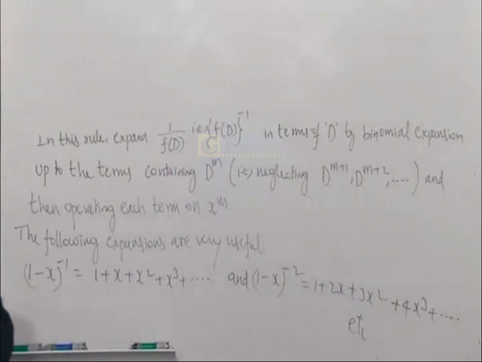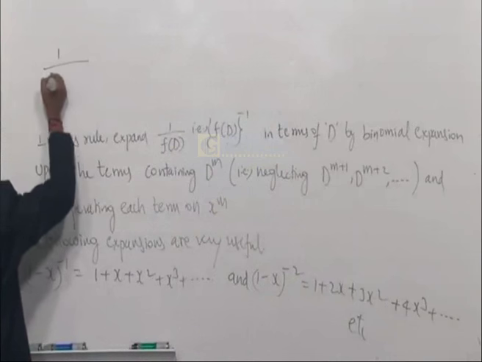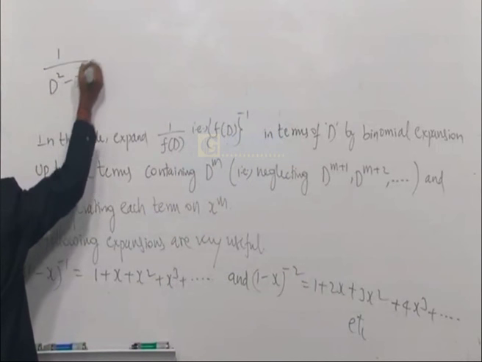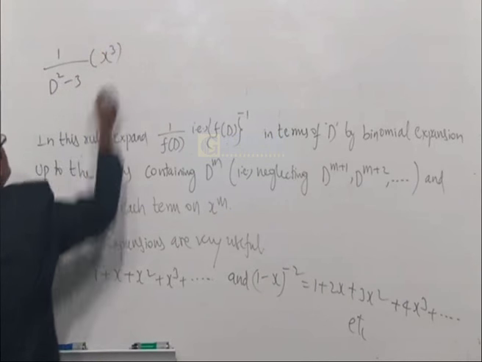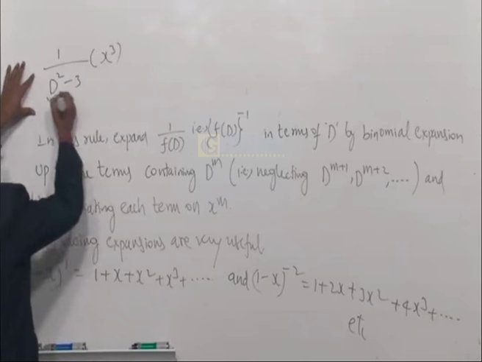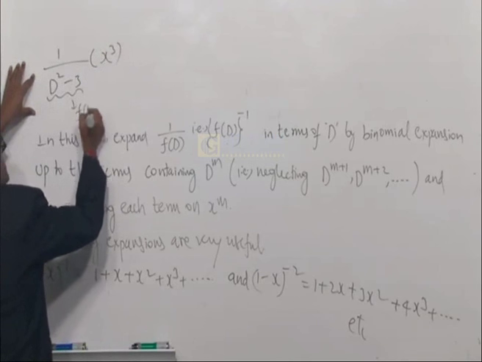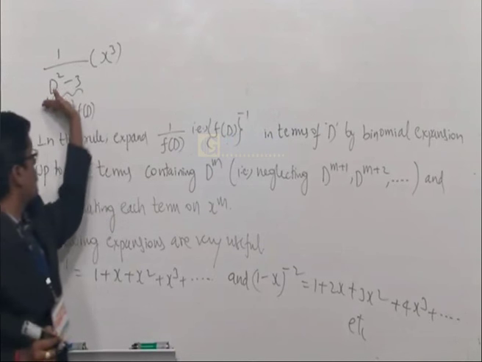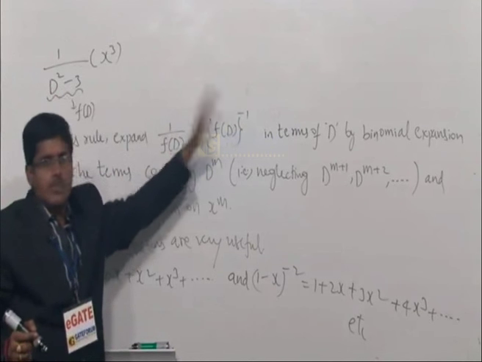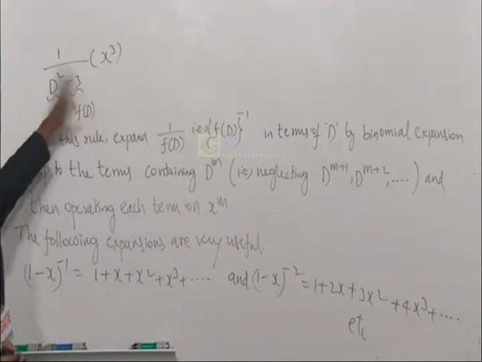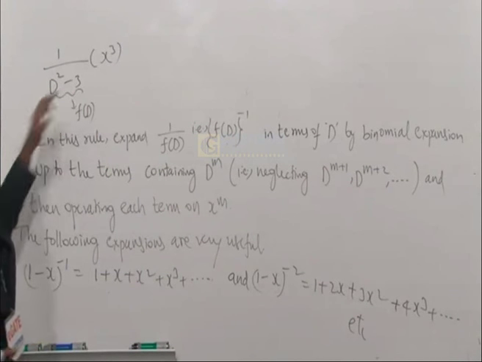See, for example, your denominator is like this: 1 by d square minus 3, into x cube. Okay, this is your f of d. x power m, m is equal to 3. So before expanding, before bringing into the numerator where it becomes minus 1, you have to get plus 1 in the denominator. That means you take out the constant term including the symbol.